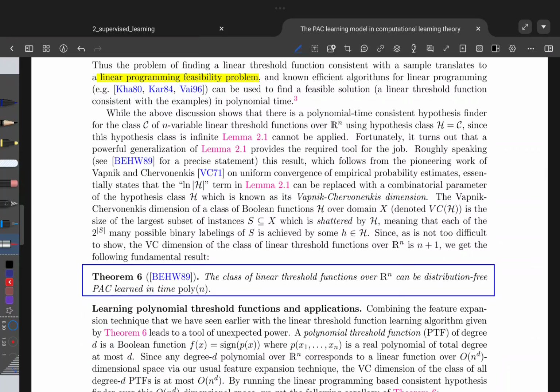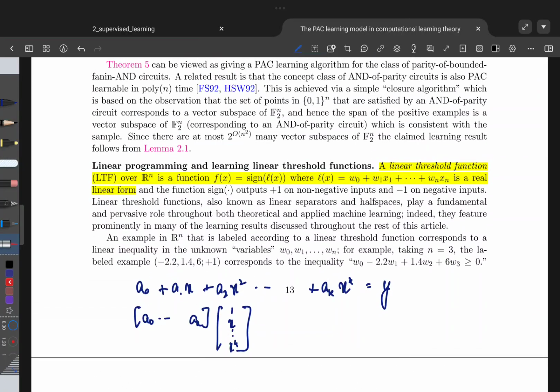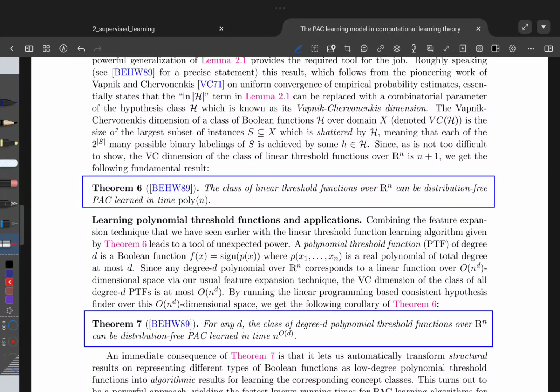So a linear threshold function is basically just a linear classifier. So f of x is equal to sign of L of x, where L of x is just an affine transformation of x. And we've already seen in class that linear threshold functions can be PAC learned in polynomial time because it just amounts to solving a linear program.